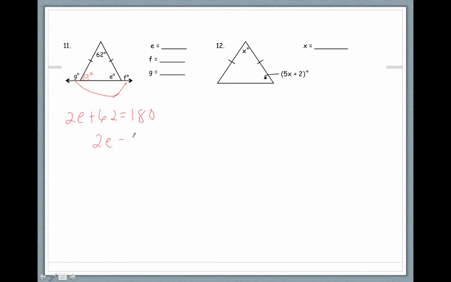So 2E is 118. So E is 59. And G, which is also F, is 180 minus E. So that's 121.